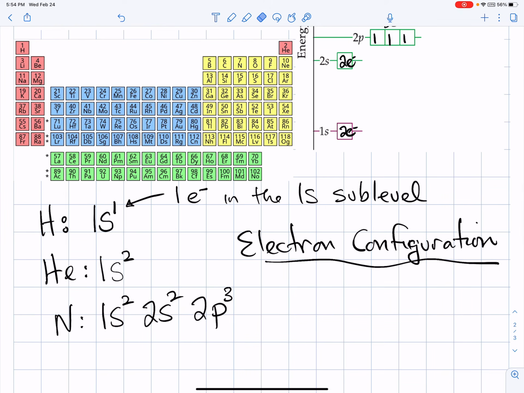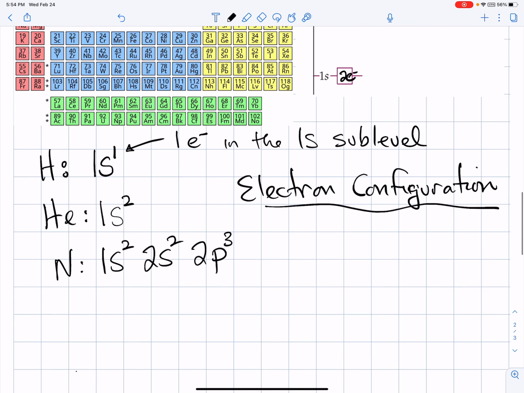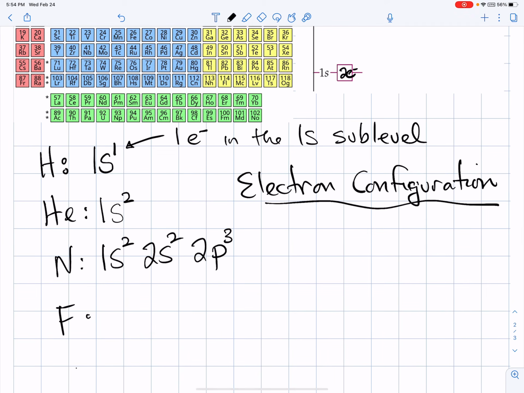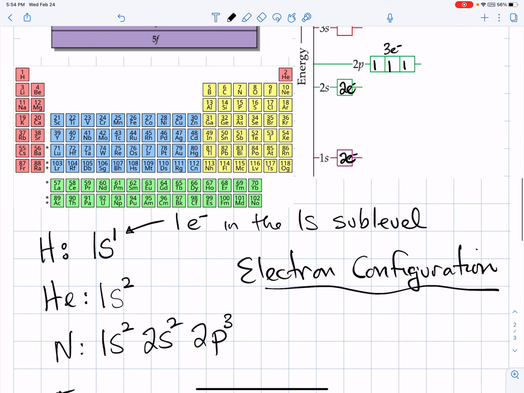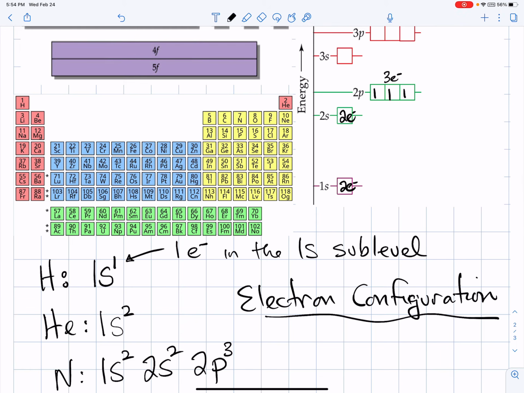We're going to write the electron configuration for, how about we do fluorine? Okay, fluorine is F. On your periodic table, if you have one in your data booklet, open it up. Fluorine is element number 9. You can pause if you need to get your periodic table out. So let's walk from hydrogen to fluorine.